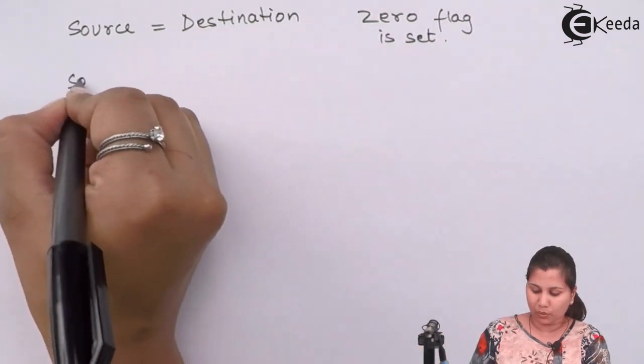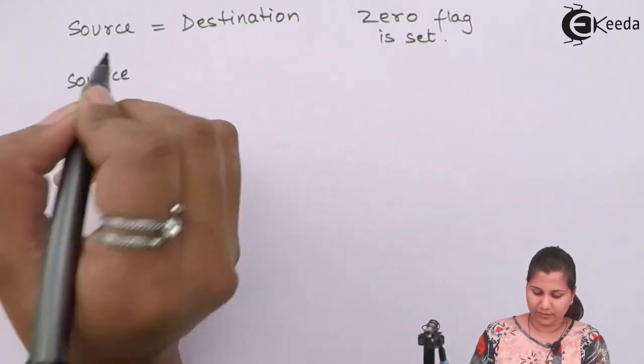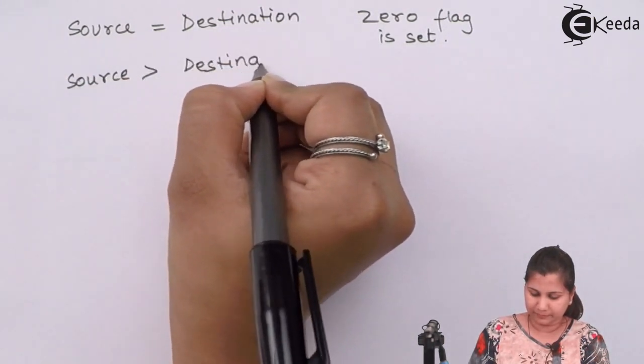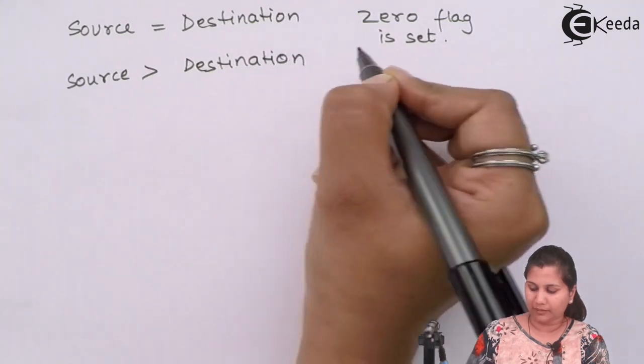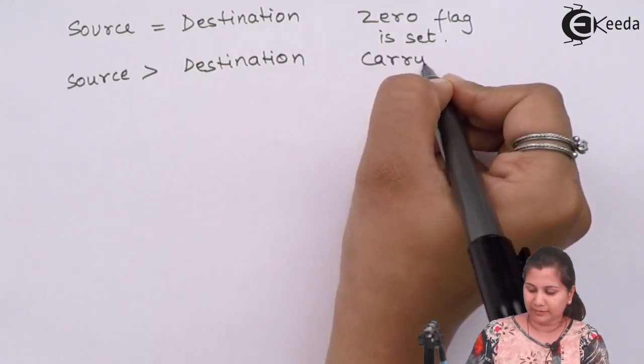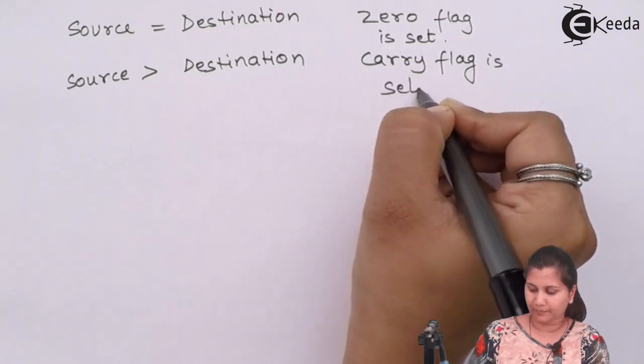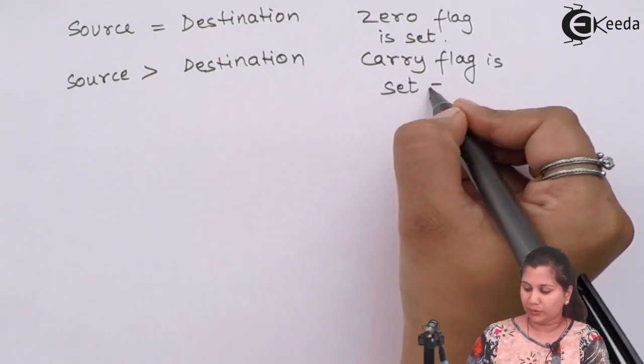If suppose the source is greater than the destination, then the carry flag is set, meaning it will be equal to 1.